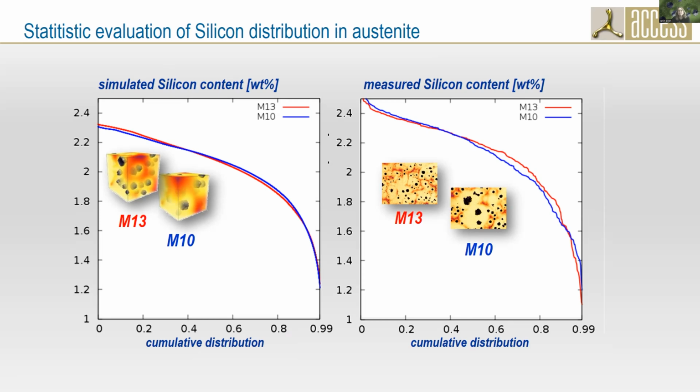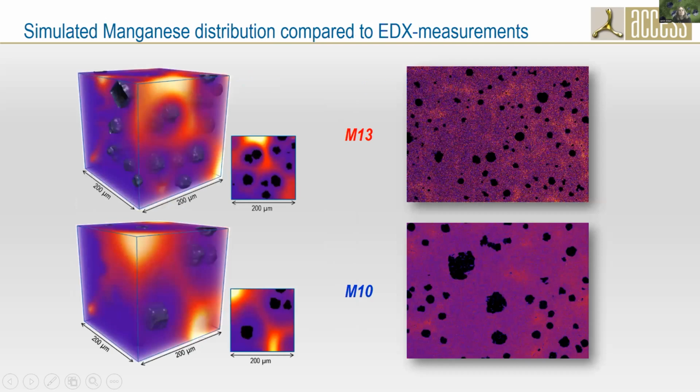We might have some bias from the procedure of how to measure it, and how to etch and polish it, and all these problems we don't have in our simulations. Of course we can do the same for other alloying elements like manganese.